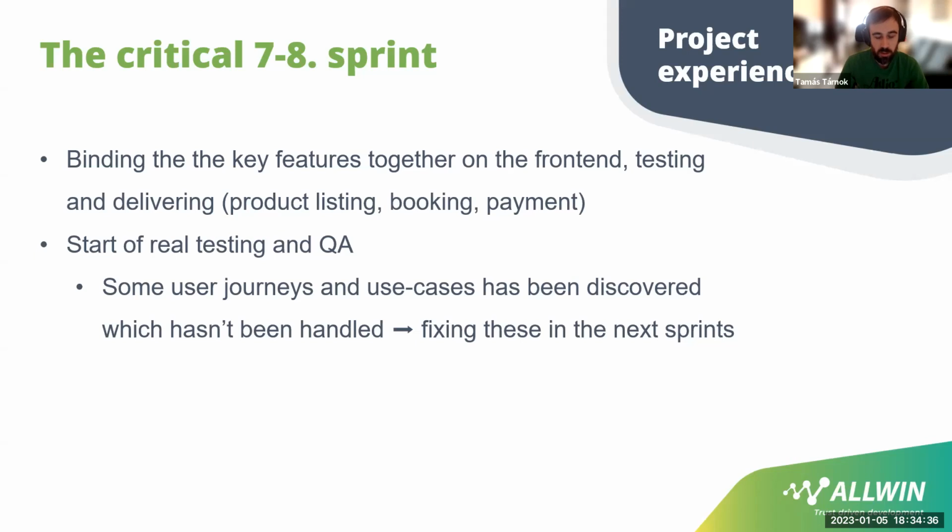What was really important for us in the first 6 sprints was that, as it was a booking system, the user could log in, select some products, put them in the basket, go to checkout, pay, and check the ordered products. And this was the user journey we actually covered in the first 6 sprints.